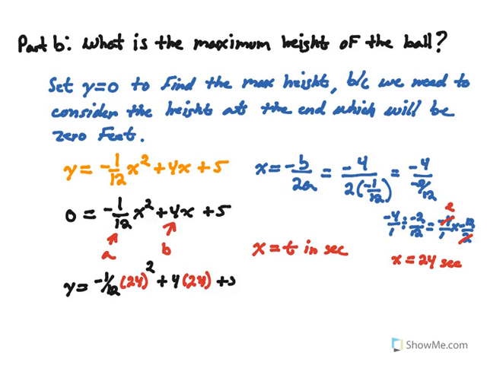Negative 1/12 times 24 gives me minus 48. Then 4 times 24 is 96, plus 5. Minus 48 plus 96 plus 5 gives you 53. So 53 feet will be the maximum height.